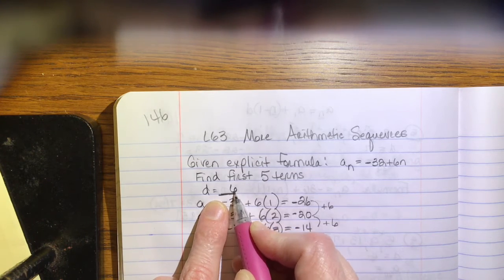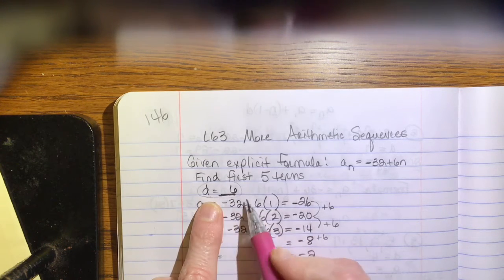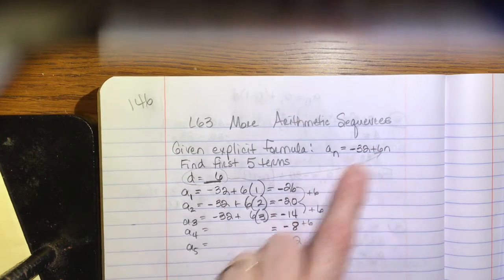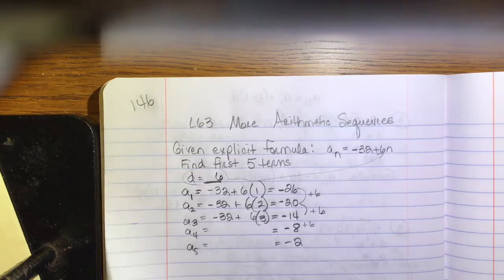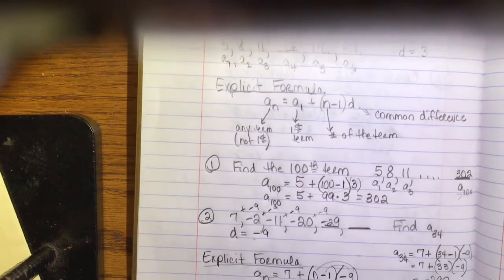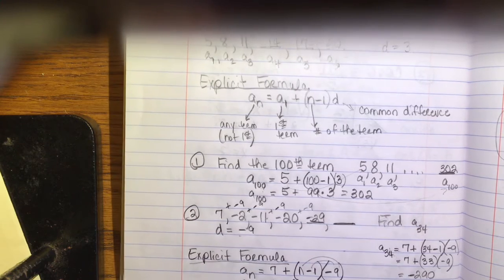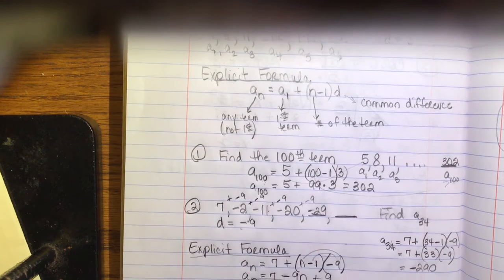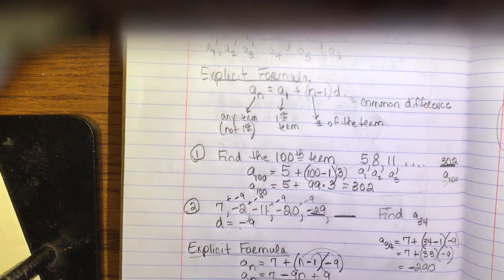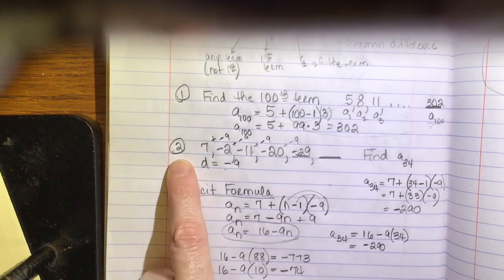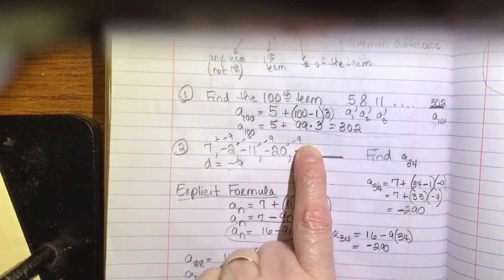Now, I want you to look at this and look at the relationship with the equation. Could we have seen the D? Is that just a coincidence? And actually, I think if you look back at the ones from yesterday in the last lesson, you notice that our D was negative 9 in number 2. We were adding a negative 9.